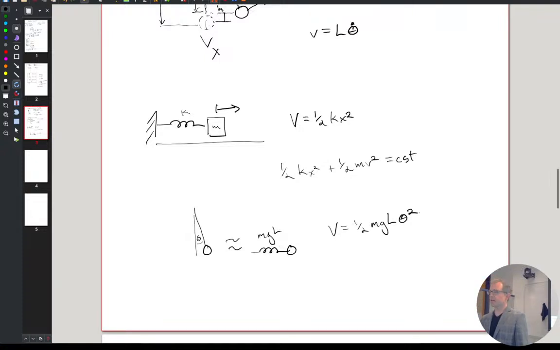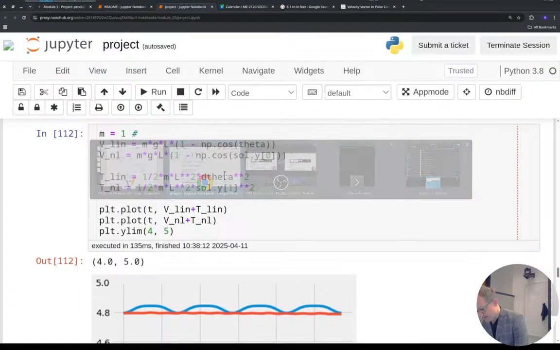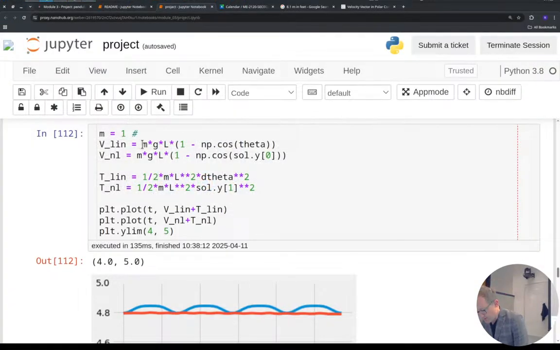So really, when we said this is a linear system, we're approximating that its potential energy is 1/2 mgl theta squared. Which is close to cosine. An upside down cosine looks like a parabola if you're looking at small angles. And we could try that out if we want, right?